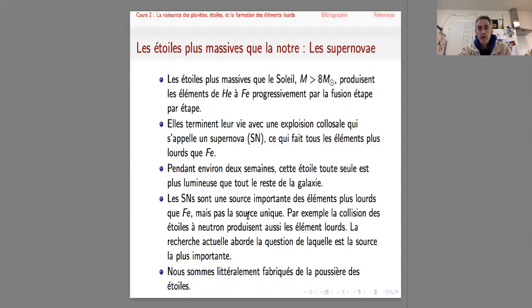So these supernovae are important sources for the elements heavier than iron, but they're not the only source. You can produce heavy elements by other processes, for instance, the collision of neutron stars. We don't understand all the processes that give the heavy elements.